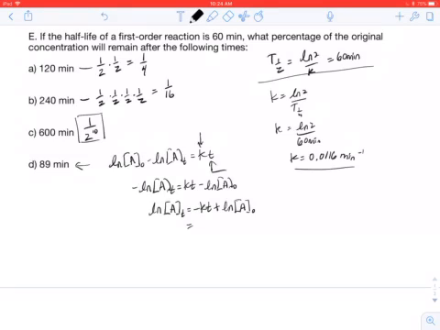So on the right we have negative k times 89 minutes, our time period. And we want to add the natural log of the initial amount, and I'll use 100%. Let's see what we get on the right-hand side.